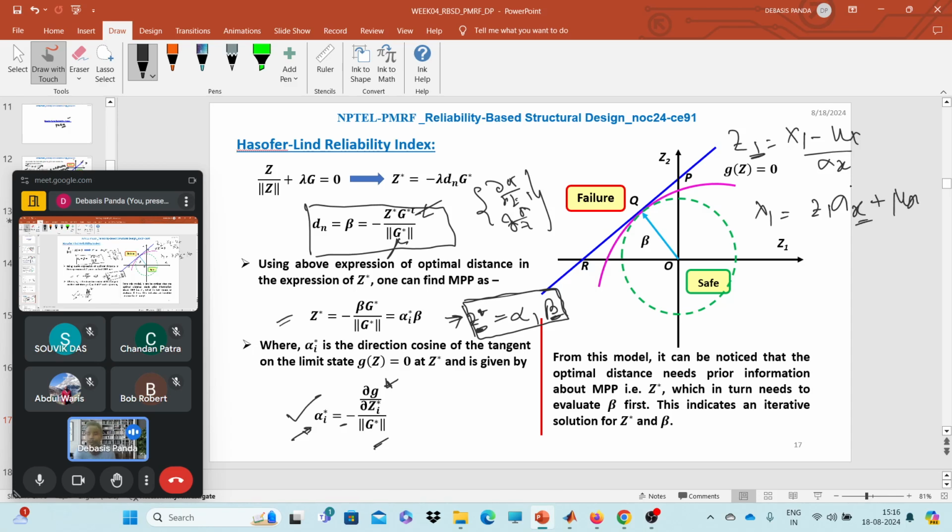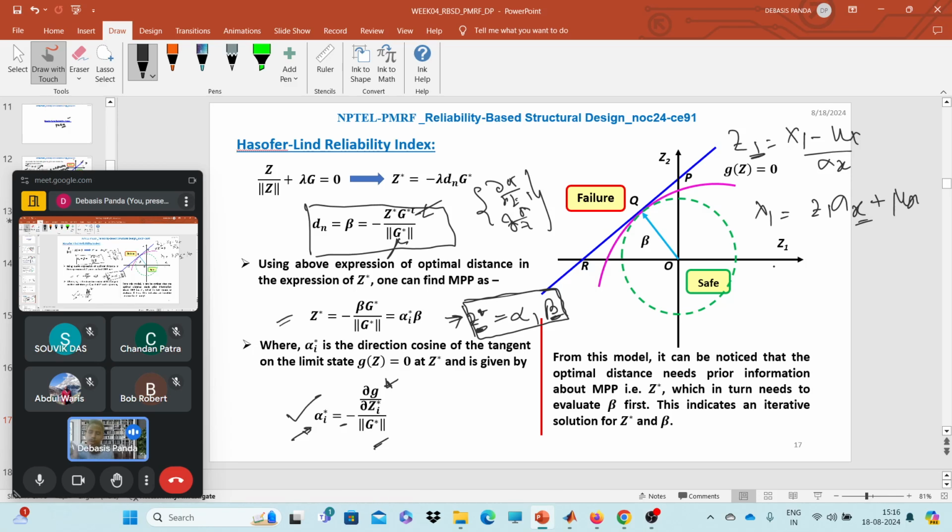That means we will get the design point in our actual domain. So let's summarize this process. Then we will solve a problem, and everything will get clear how we can process this. So in the Hasofer-Lind Reliability Index, we just convert the limit state into standard normal space.